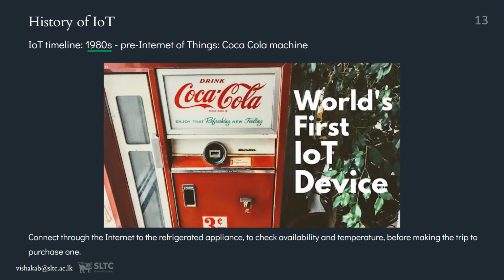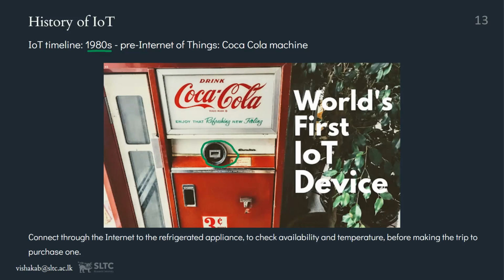They place some sensors in the IoT, in the Coca-Cola machine, and they connected this sensor node to the internet through a cable, for example. So what they were able to do is monitor the existence of the Coca-Cola inside this machine and the condition of the Coca-Cola in the machine, right?